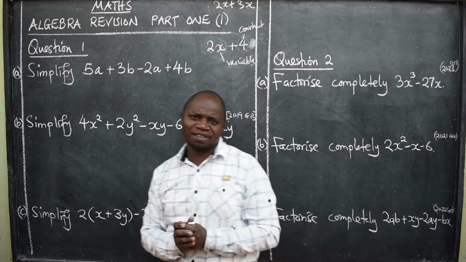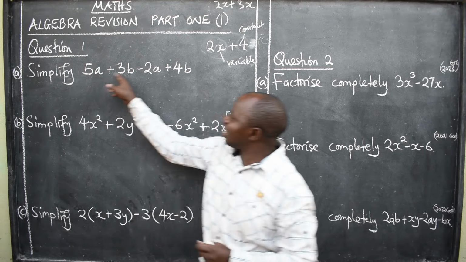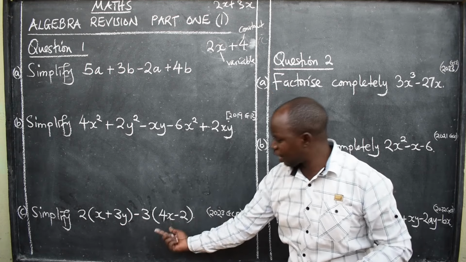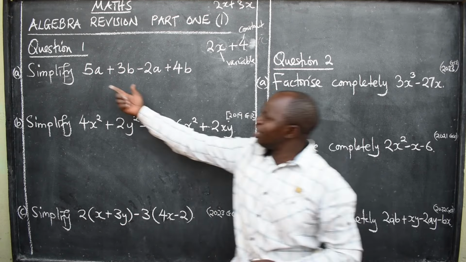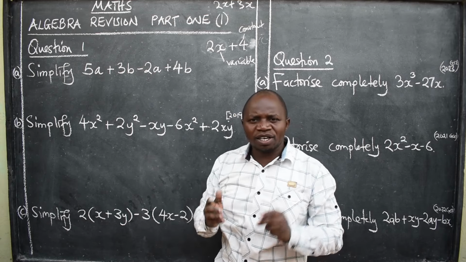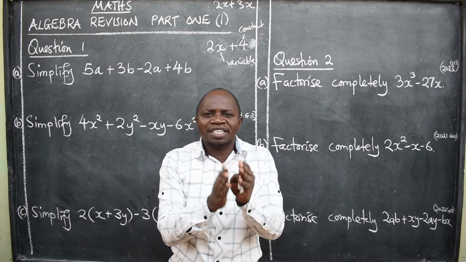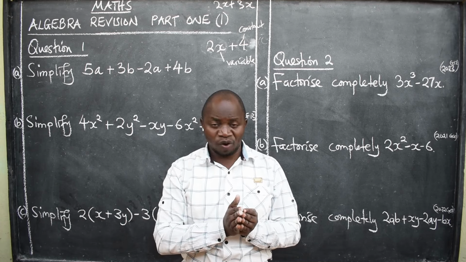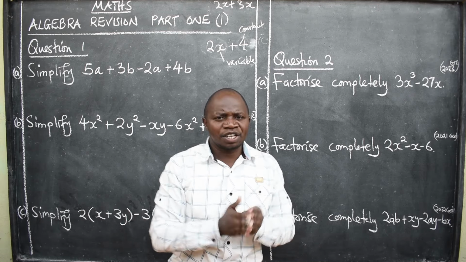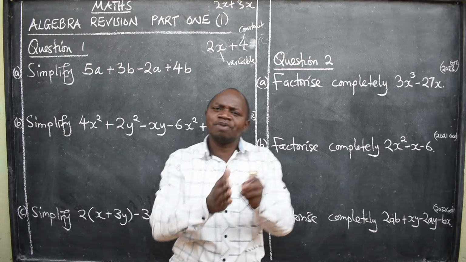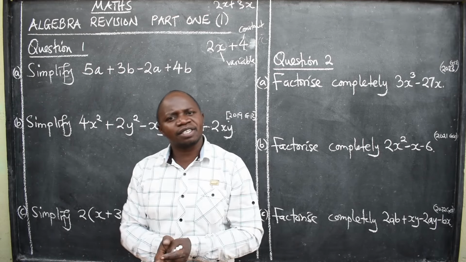After looking at it, in this case, we do not have brackets, like the way we have brackets here. If you don't have brackets, go direct and group like terms together. Okay? Why are you doing that? You want to identify. After you identify like terms, you'll be able to add them or subtract them.